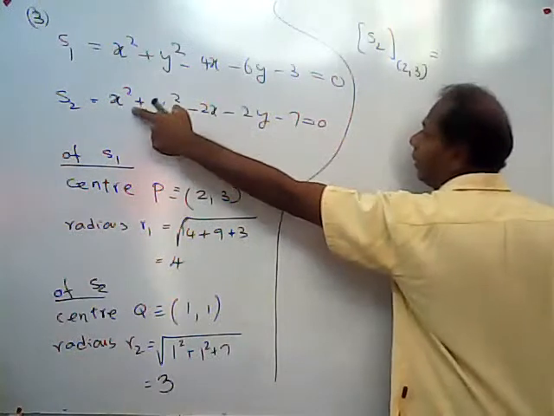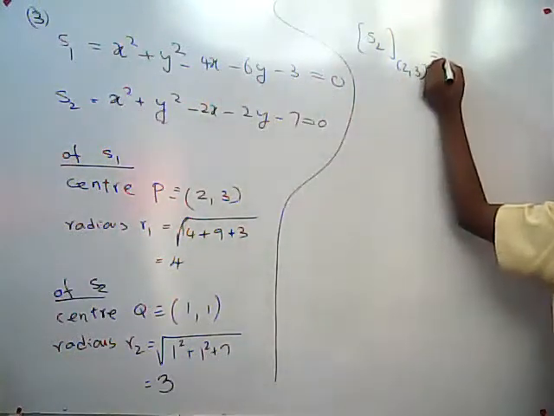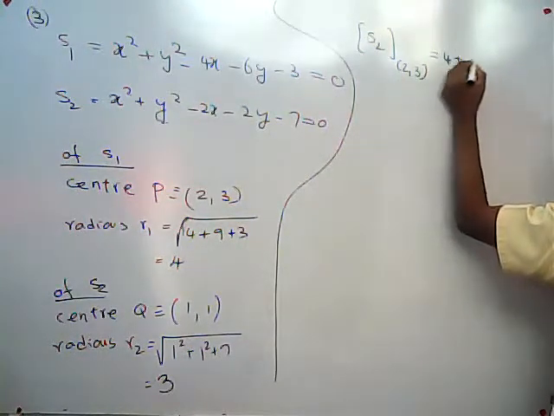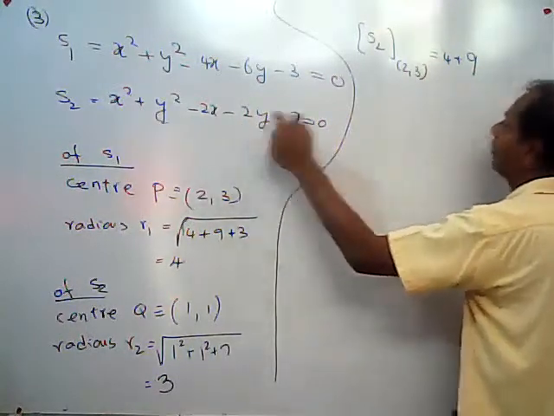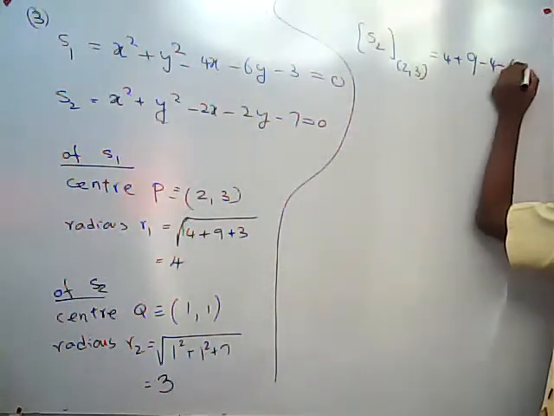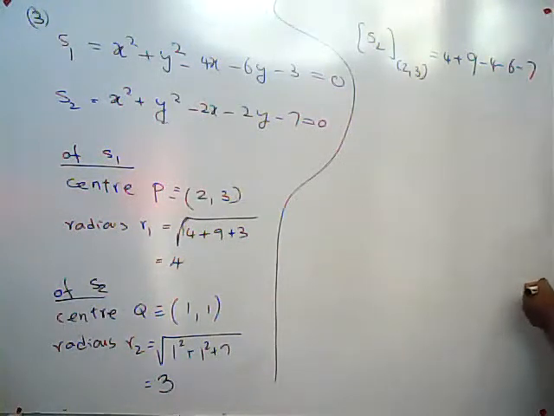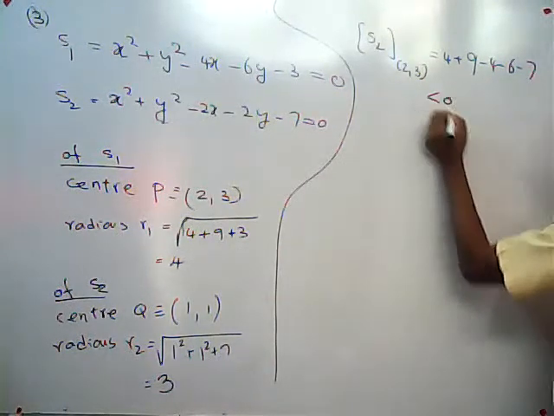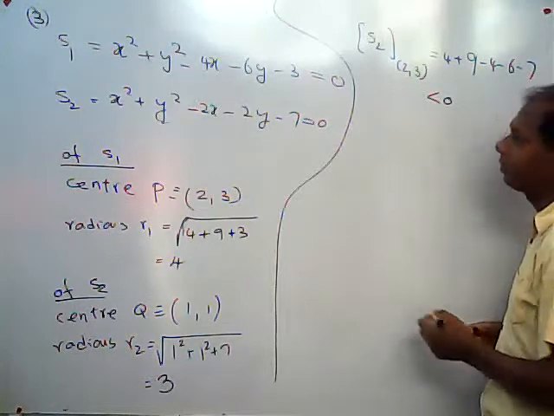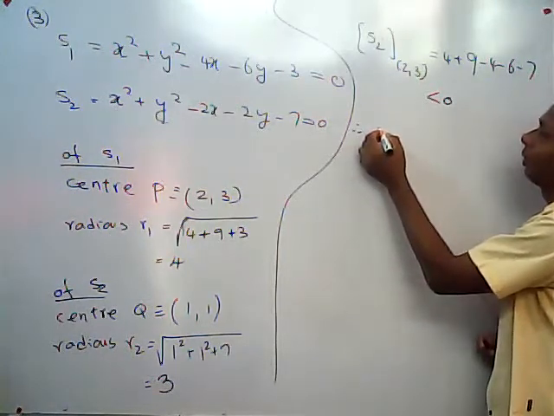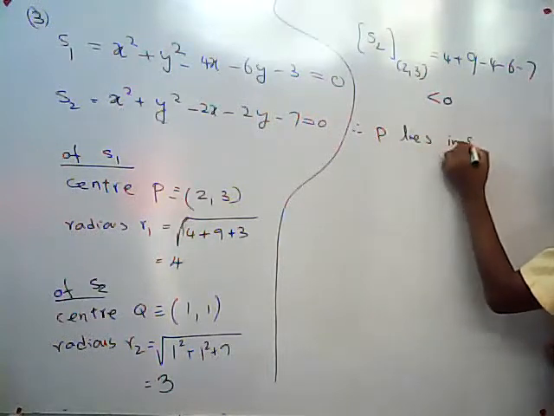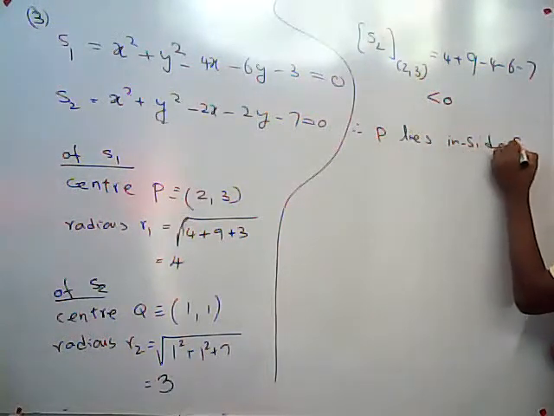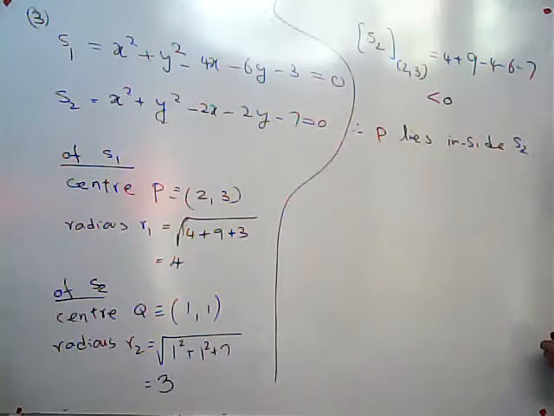So you get 4 plus 9 minus 4 minus 6 minus 7. So it is less than 0. Therefore, P lies inside S2.